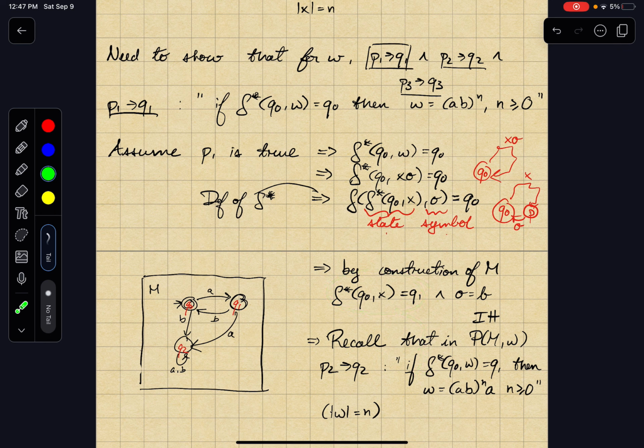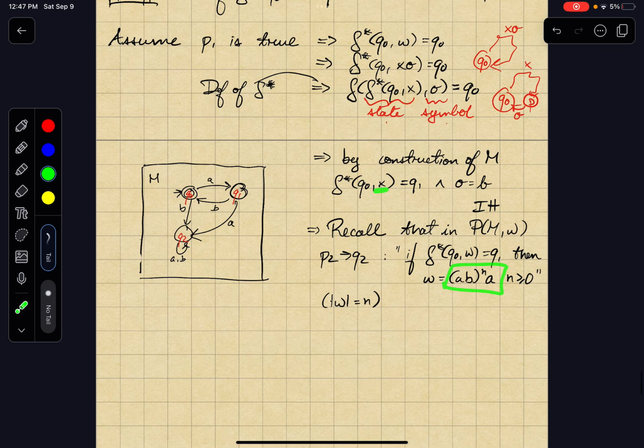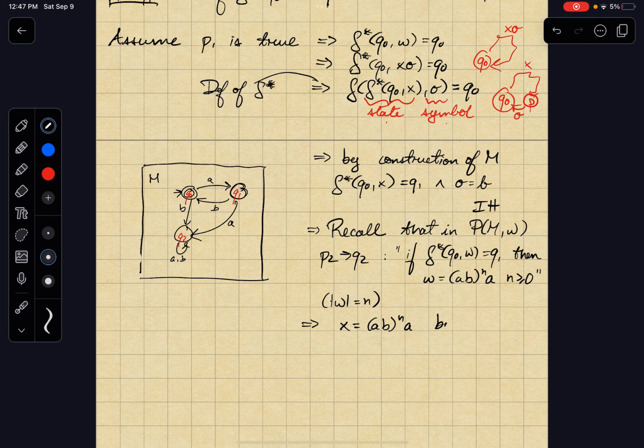And then I know that my string x is going to look like ABNA. So this implies that x looks like ABNA by the inductive hypothesis.